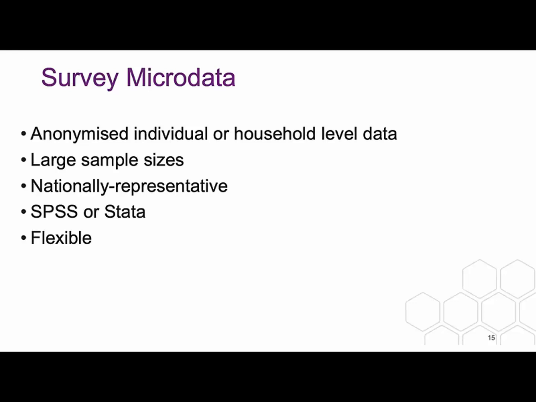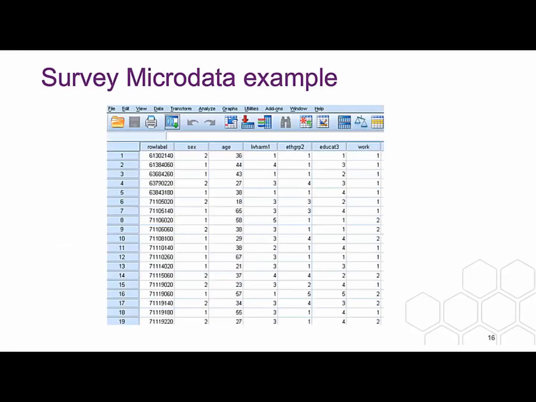These kind of data are analysed using a statistics package such as SPSS, Stata or R, and as I say, these data are really flexible as they allow you to produce your own tables, populations, and to look at the relationship between multiple attributes.